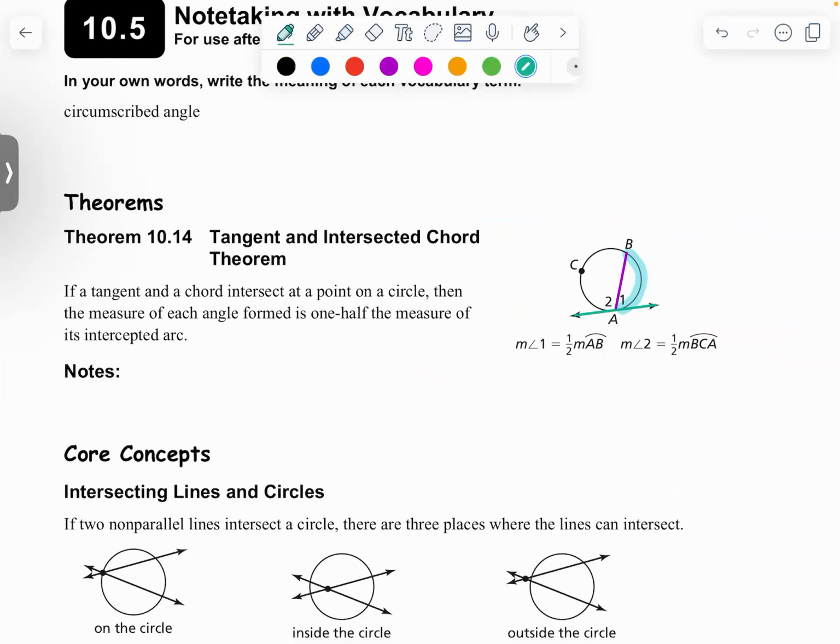Okay, I'm going to have you draw this super awesome circle right here. With a tangent. Ooh, that was a bad tangent. That's a good tangent.